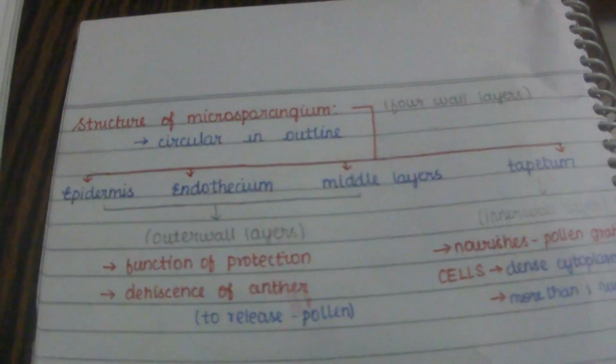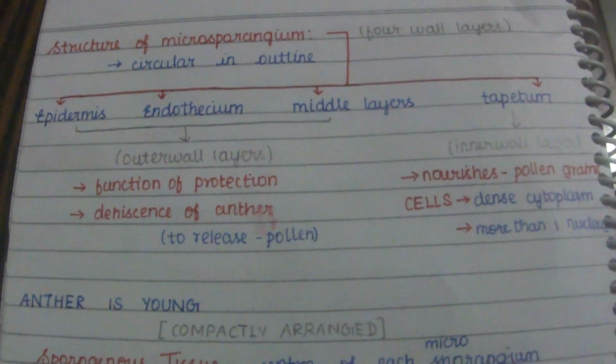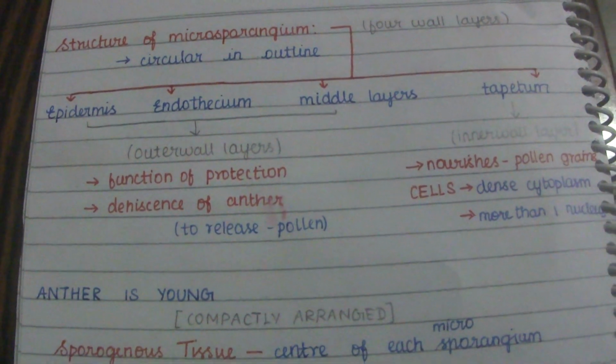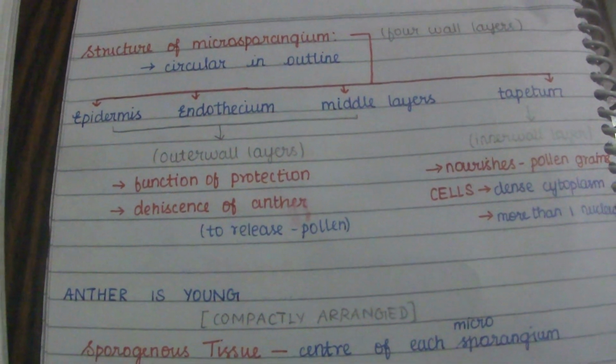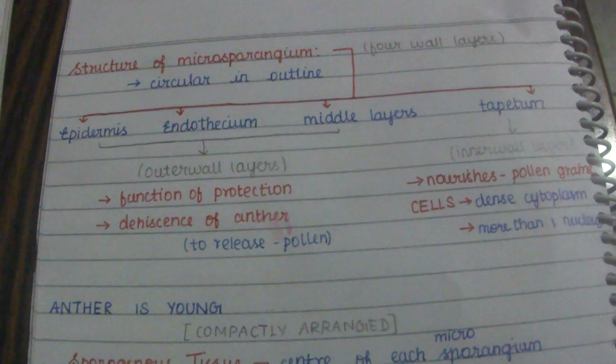It consists of four wall layers: epidermis, endothecium, middle layers and tapetum. The epidermis, endothecium and middle layers form the outermost wall layers. They perform the function of protection and the dehiscence of the anther to release the pollen grains.